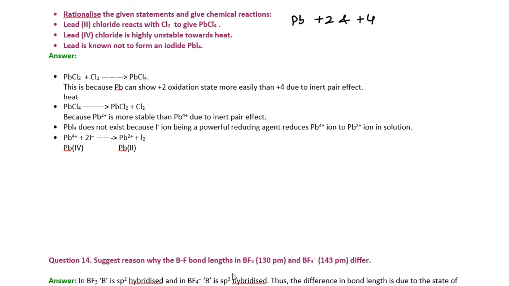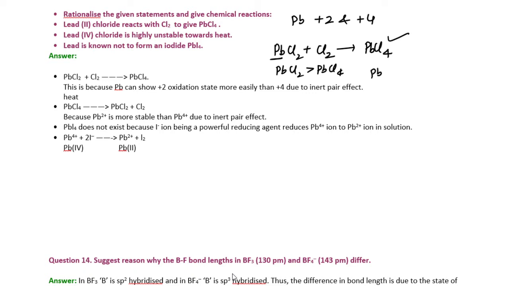But PbCl2, if excess of chlorine is there, then it can form PbCl4. So PbCl2 is more stable than PbCl4, but PbCl4 can be formed because lead can exist in both oxidation states, +2 as well as +4.